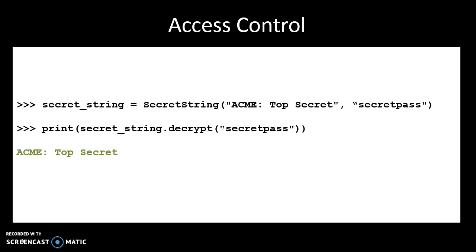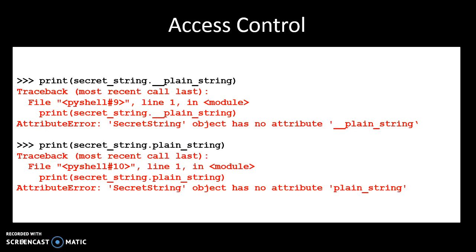So is that the only way I can access the message? Well, let's try something else. If I say print out secret string dot underscore underscore plain string, it'll say there's no such value as plain string, even though we declared it. And I can try secret string dot plain string with no underscore, it'll still say there's no such object.